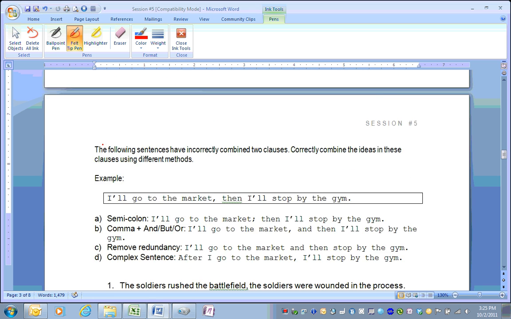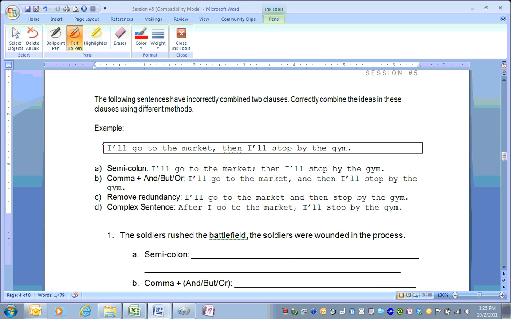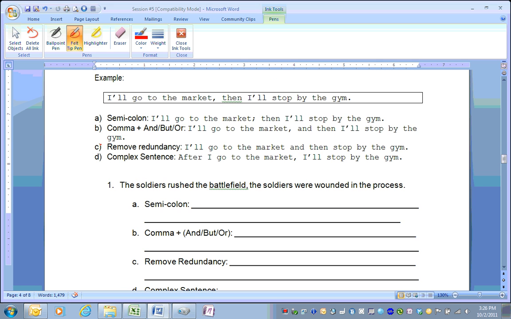Okay, moving on to page 4.4. The following sentences have incorrectly combined two clauses. I'll go to the market, then I'll stop by the gym.